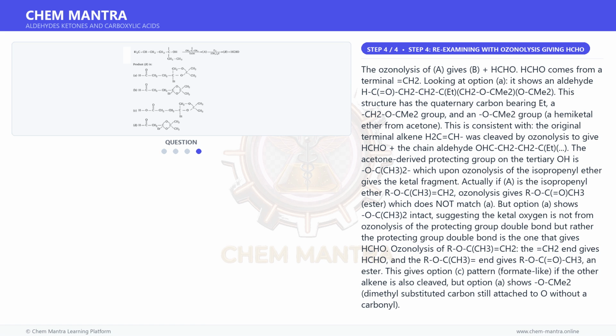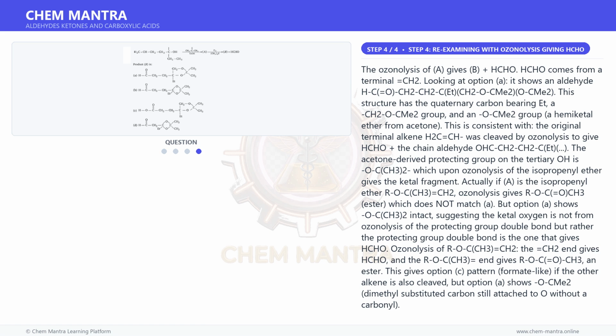Option A is OHC, CH2, CH2, C, CH2O, CMe2. Specifically, CH2O, C(CH3)2 as a pendant group, and OC(CH3)2 as the main chain ether. The structure has CMe2 connected to two oxygens, one from the CH2O and one from the CO on the quaternary carbon, making it a cyclic acetal fragment, neopentyl glycol ketal type.